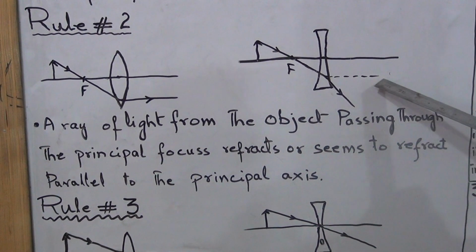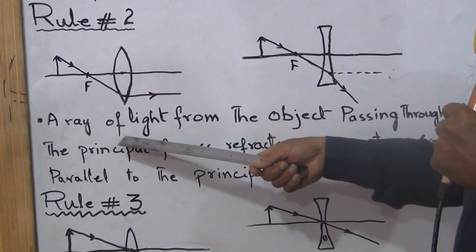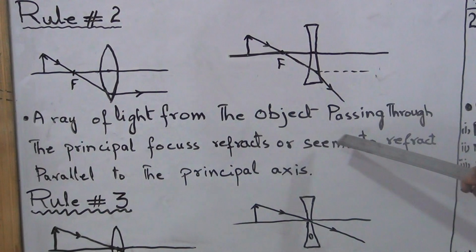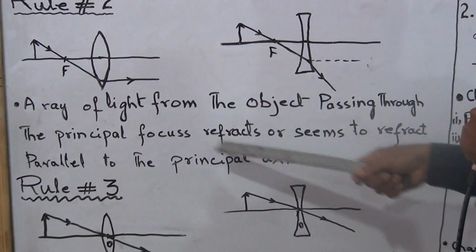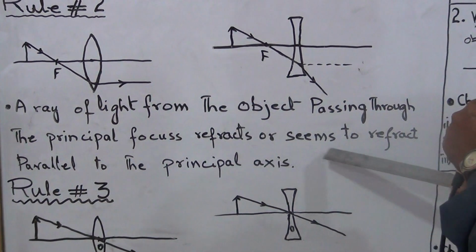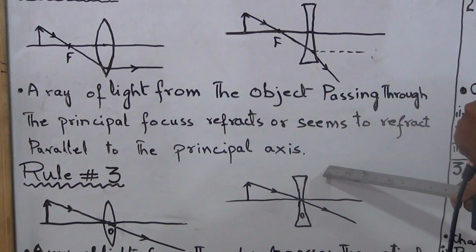This is imaginary refraction. So you can write it: a ray of light from the object passing through the principal focus refracts or seems to refract parallel to the principal axis.